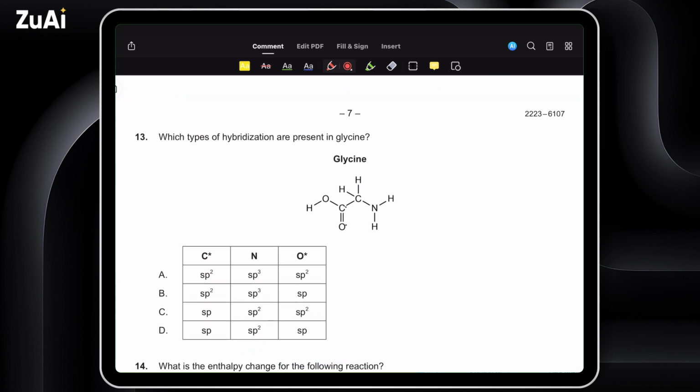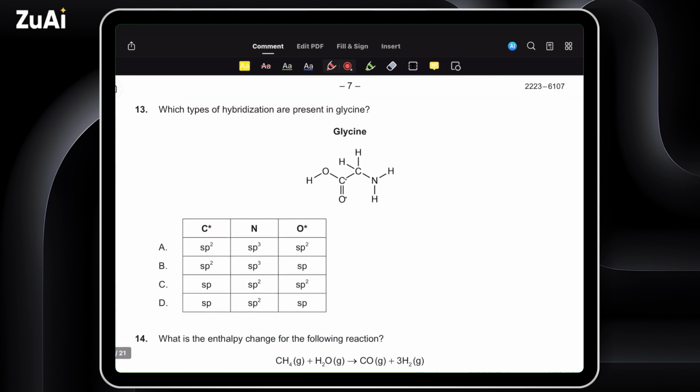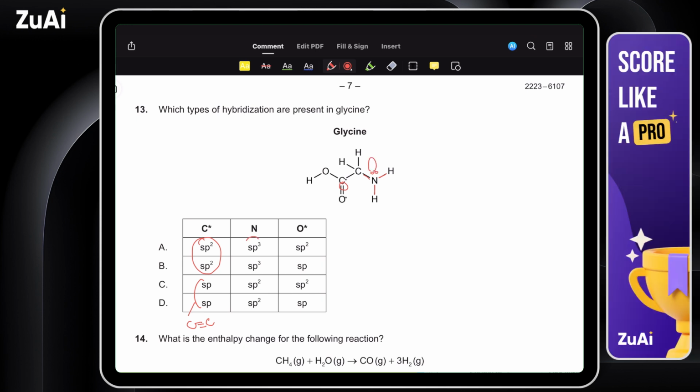What type of hybridization is present in glycine? When carbon has a double bond, always remember it is sp2. sp is for the carbon-carbon triple bond. And for nitrogen, since nitrogen has all single bonds with a lone pair, it is sp3 hybridized.